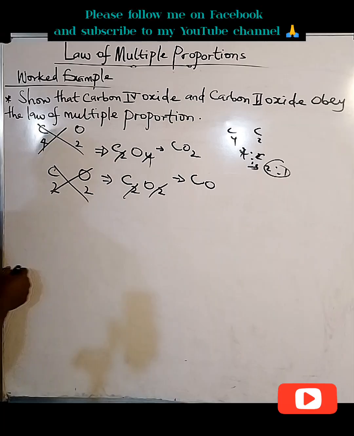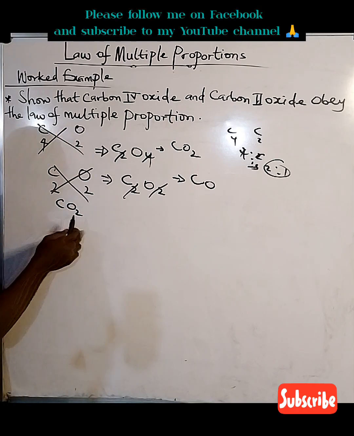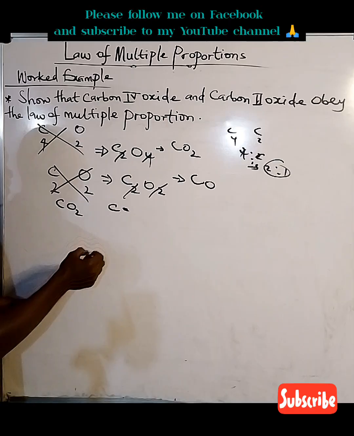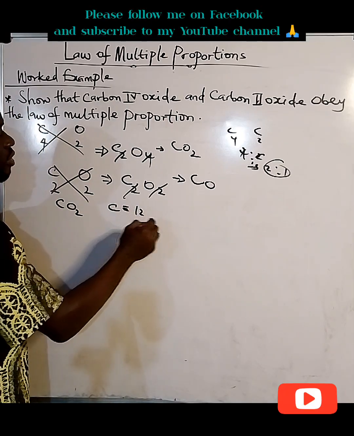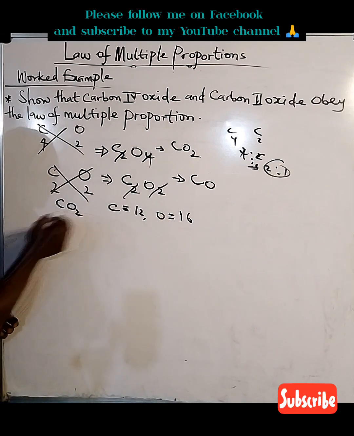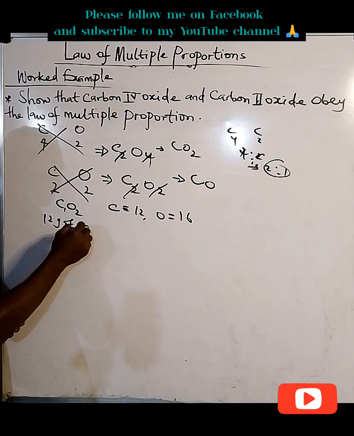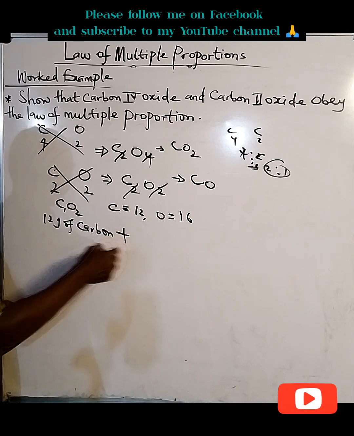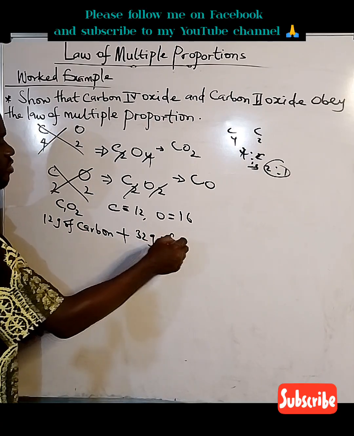Because when you look at CO2, let's look at the atomic mass, the molecular mass of this. Look at carbon. The atomic mass of carbon is simply 12. Oxygen is 16. So when you look at CO2, what we really have here is one atom of carbon, two atoms of oxygen. So what we have here is 12 grams of carbon plus 16 times 2, which is 32 grams of oxygen.